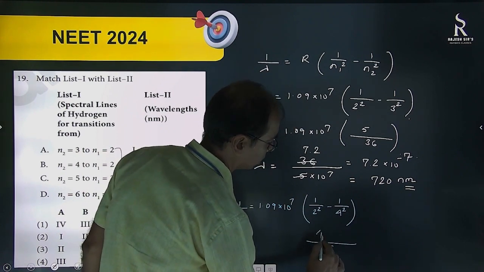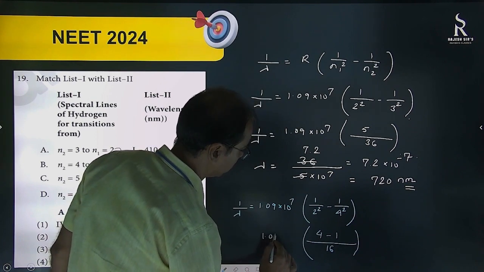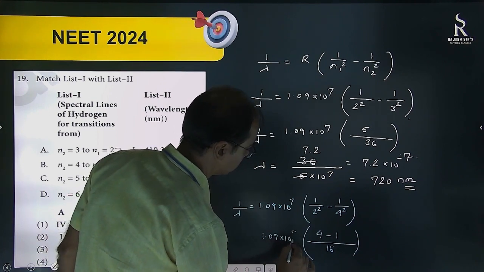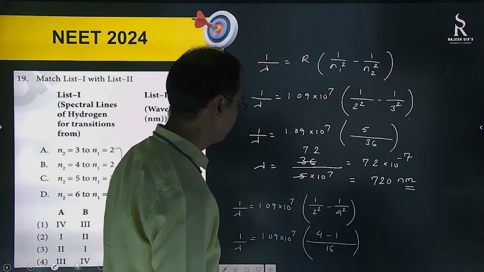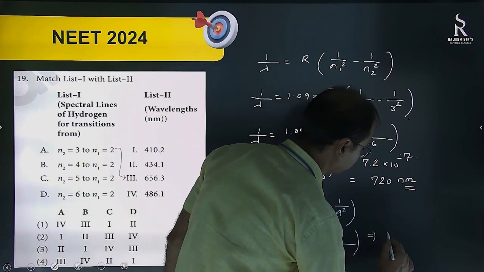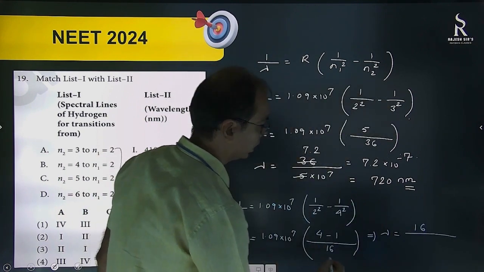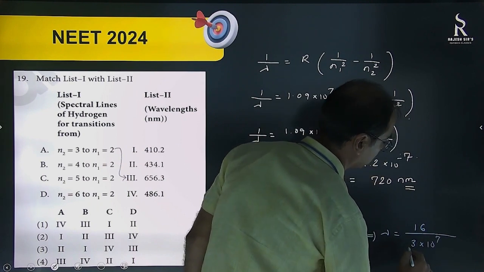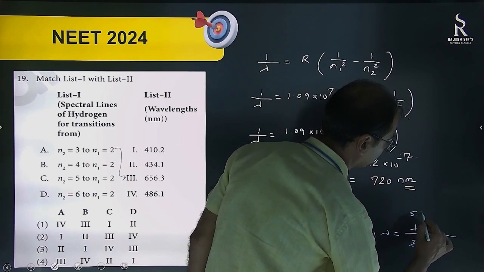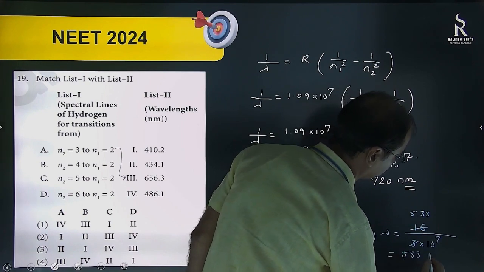Here is 4, here is 1. Right, so this comes out to be 3 by 16. So lambda is equal to 16 by 3 into 10 to the power 7 approximately. So this will give you 5.33. So comes out to be 533 nanometer.